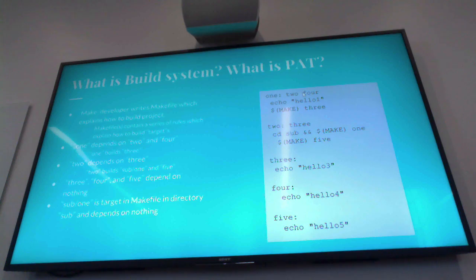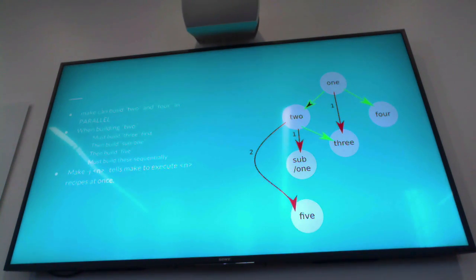So you can indicate to make that two things don't depend on each other by placing those dependencies in a target. And then these lines down here, these things must be run sequentially.